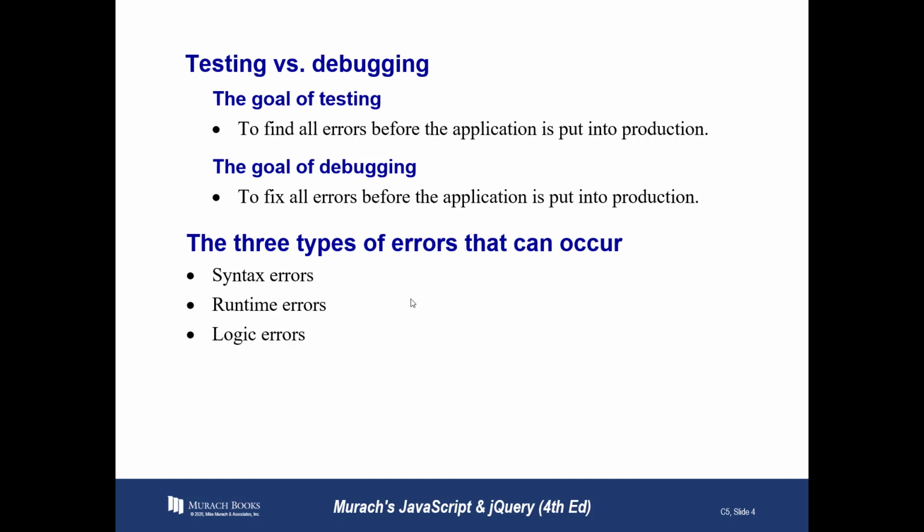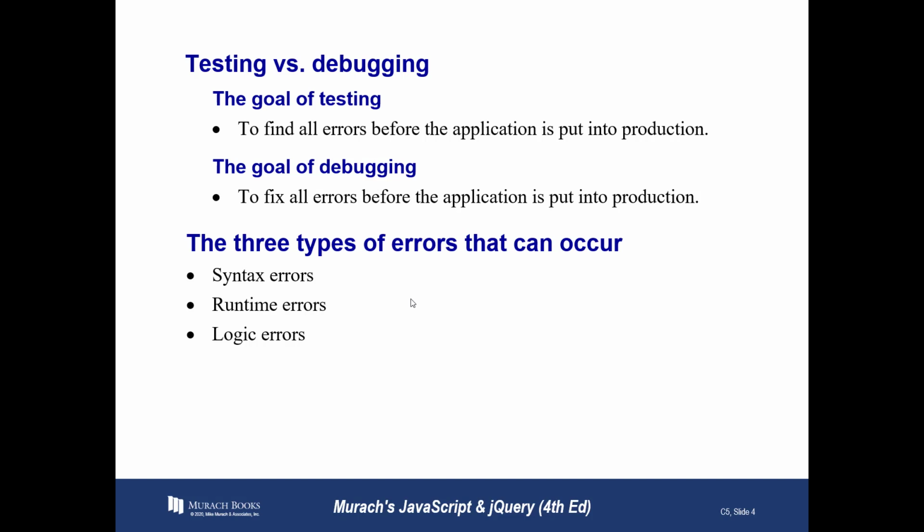I don't want to go into those right now. But even spelling, say you want to do an alert, and instead of alert you leave the R off, that'd be a syntax error. Or let's say you put in a beginning double quote for a string but don't put an ending double quote in. That's a syntax error.